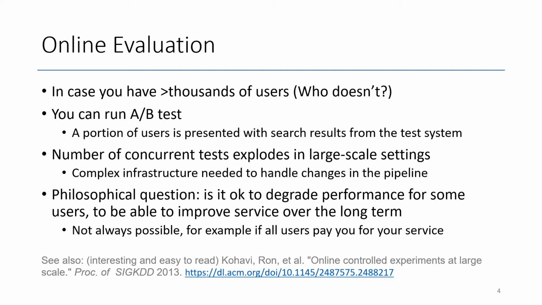Well, there are a couple of problems right out of the gate. If you have multiple concurrent tests that you want to run, you require enormously complex infrastructure to handle different changes in your retrieval pipeline. And then, which I personally find more interesting, is a philosophical question. Is it okay to degrade or potentially degrade the performance for some users that you're testing on to be able to improve the service over the long term?